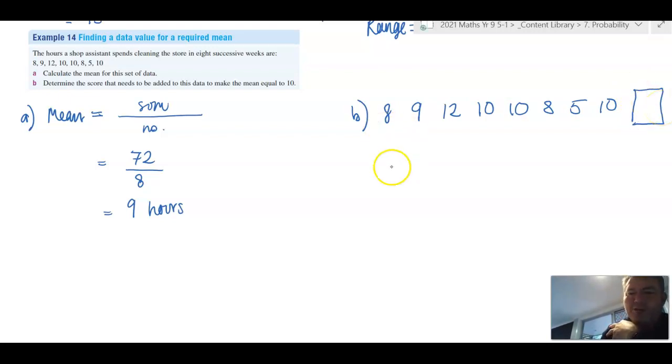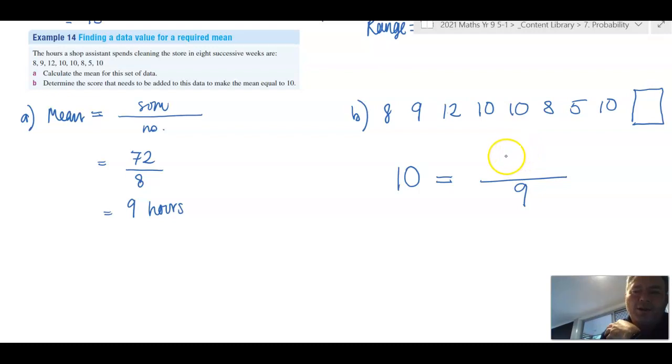So if I add a score, I've now got 1, 2, 3, 4, 5, 6, 7, 8, 9. I'll now have 9 scores. So if I look at my formula, I'll be dividing by 9. And remember, the formula tells me that I need the mean to be equal to 10. So this needs to be equal to 10.